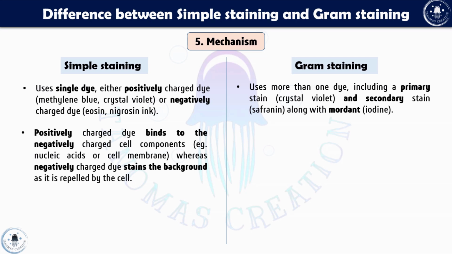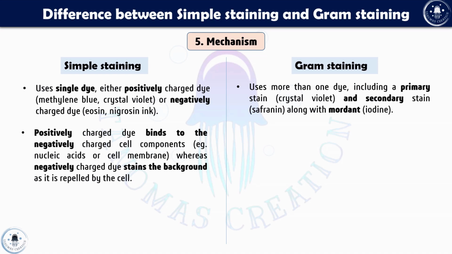Okay, so there's a theory from physics. We have already heard about it. I think you all have heard about it, that like charges repel each other and unlike charges attract each other. Okay, so here the positively charged dye will bind with the negatively charged cell wall, whereas the negatively charged dye will get repelled by the negatively charged cell wall.